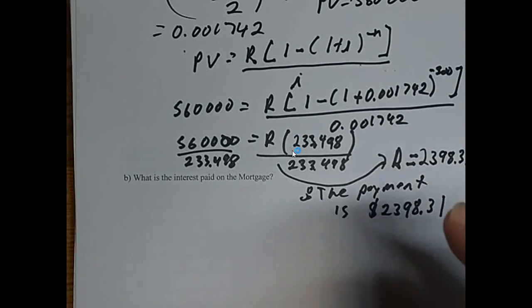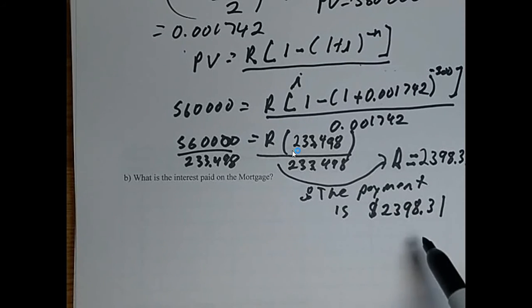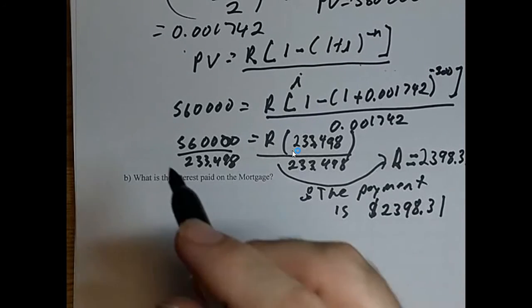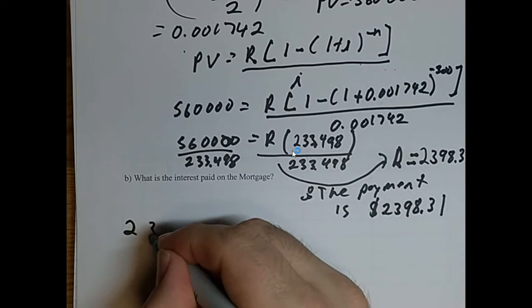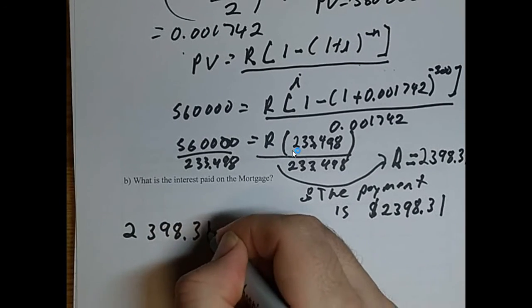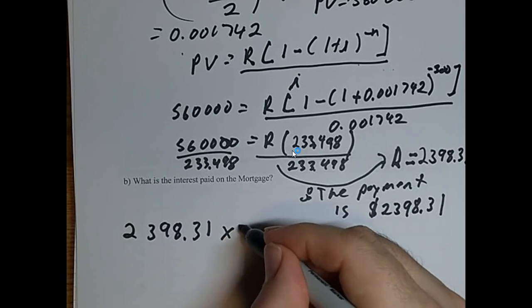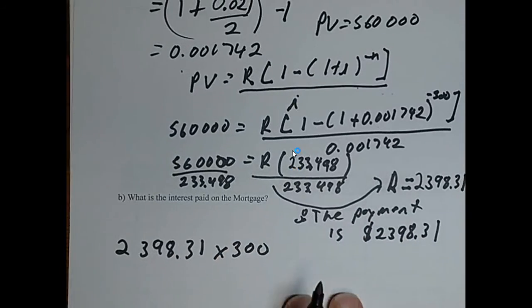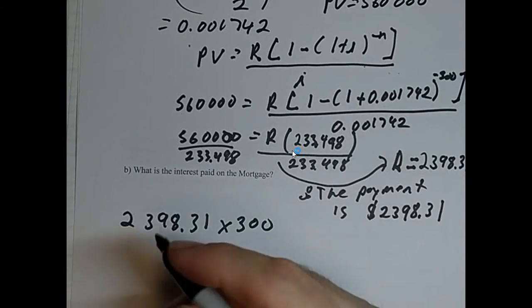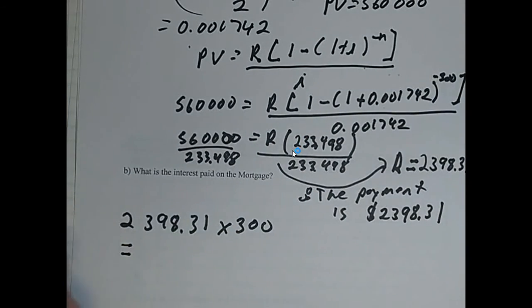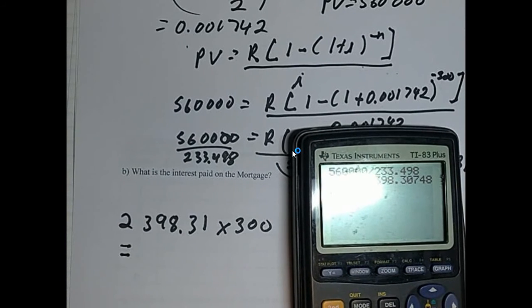What is the interest paid on the mortgage? So we know that's our payment. Let's figure out the interest. We have 300 payments, so our N is 300, and we're going to multiply 2,398.31 by 300.